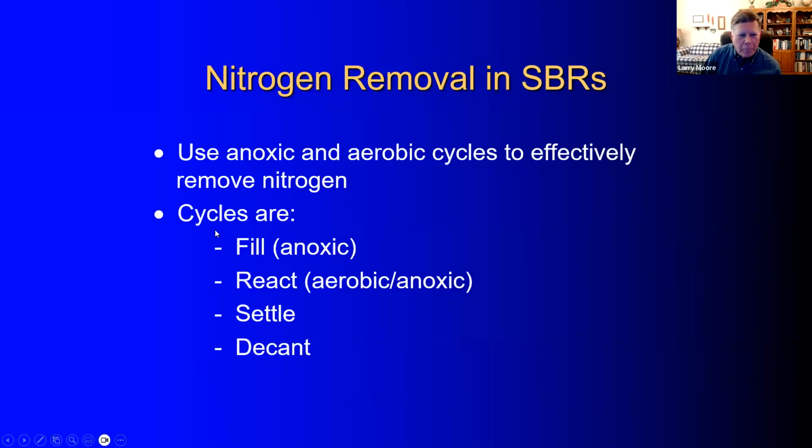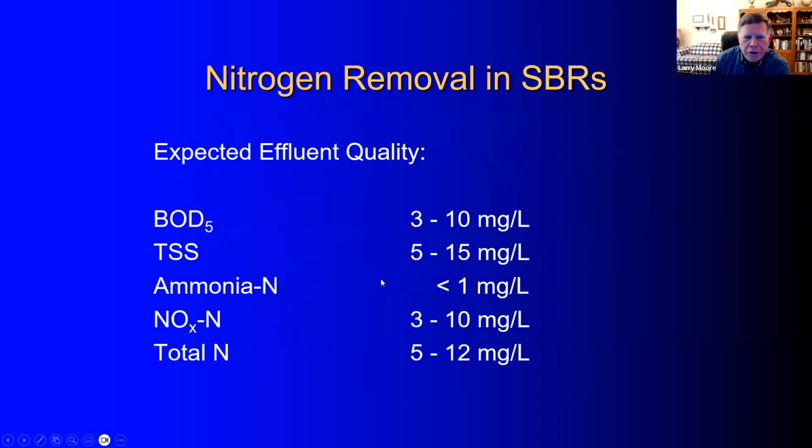So the cycle might be 3 hours fill, 1.5 hours react, 3/4 of an hour settle, and 3/4 of an hour decant. So again, we can provide anoxic and aerobic conditions during the fill period when the wastewater is coming into the SBR reactor, and then we stop the fill and go into the react phase. We can alternate between anoxic and aerobic conditions to achieve denitrification.